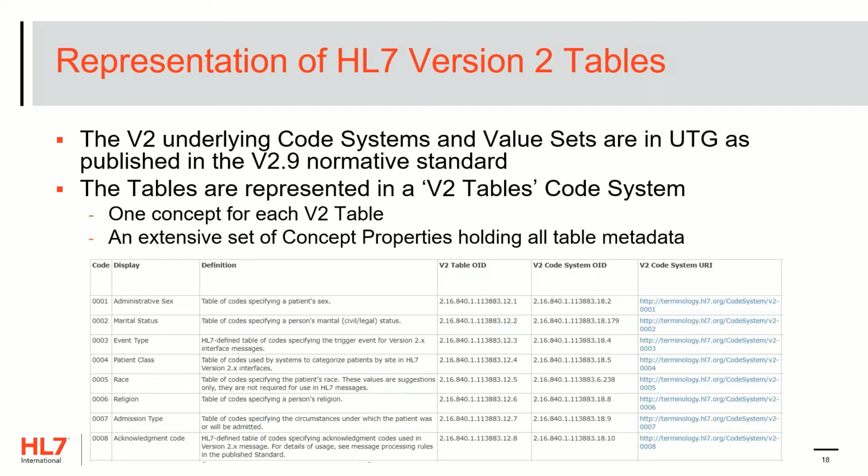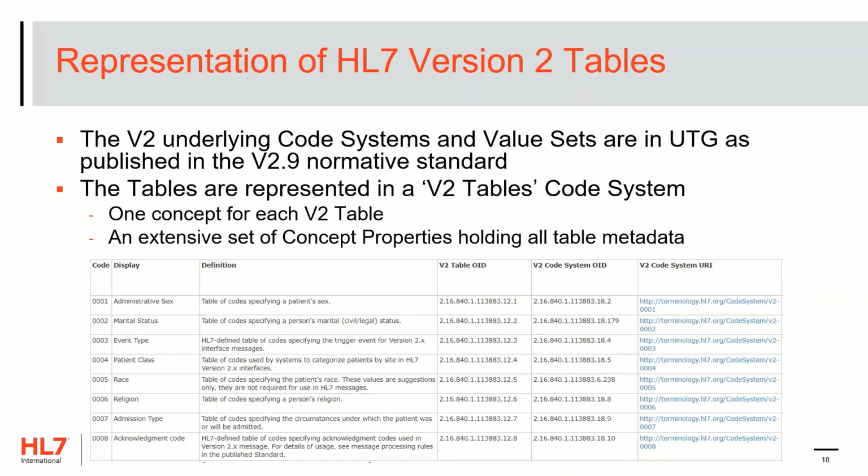UTG has imported the underlying code systems and value sets from the v2 publishing tooling, making them available to browse and maintain. A unique aspect is that the data specific to the v2 tables is now represented as a single code system for the table metadata.